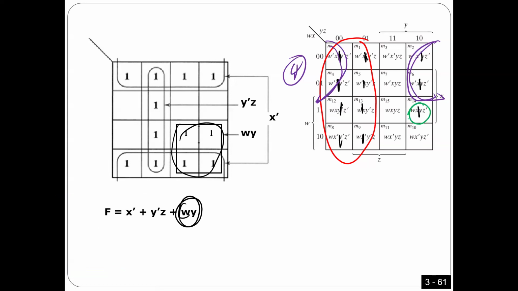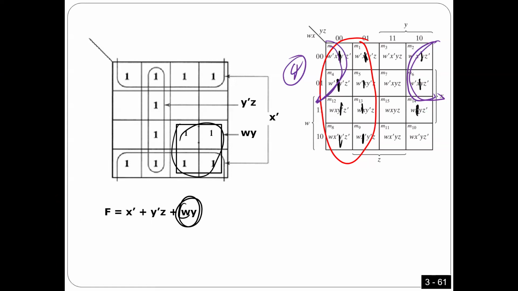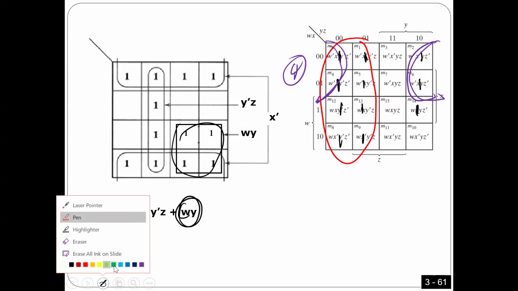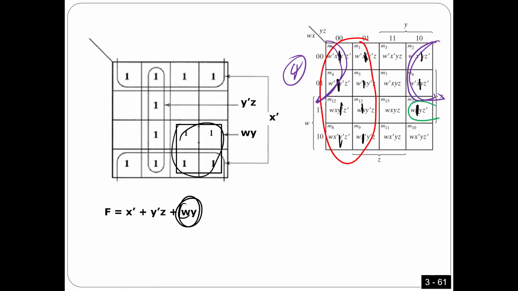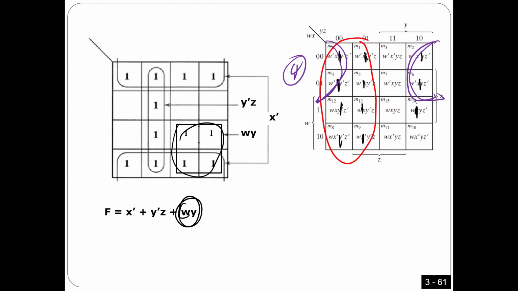I can cover it with the neighbor here, a group of 2. I can cover a group of 2 with this one here, but this is not the most simplified. So what I can do here is a better option.